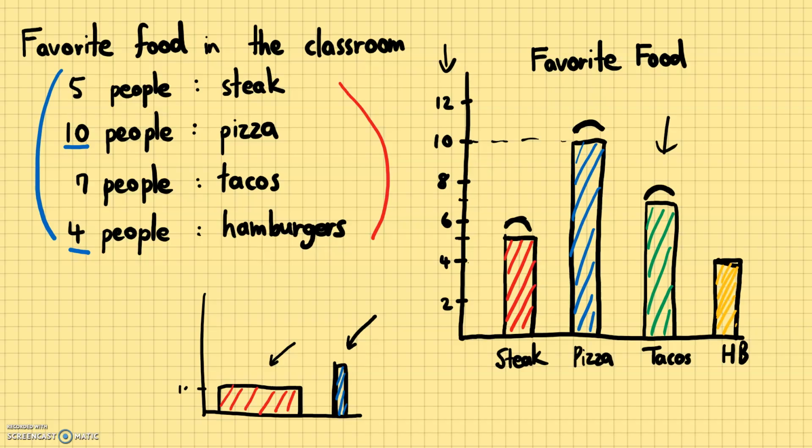This is probably like 10 and this can be like 20. So even though this represents 20 people, this represents 10 people, it doesn't look like that on the bar because this is so thick. So when you're drawing in a bar graph, make sure that each of the bars are about the same thickness. And also make sure that the spaces in between the bars are about the same. So make sure that they're equally spaced and that the thickness of the bars are constant. Okay, so that's how you can draw a bar graph.